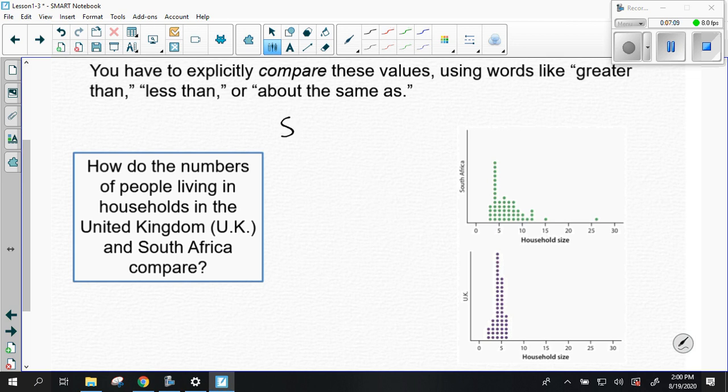it looks like the distribution for South Africa. I'm going to just put SA here, to save us a little time. Stats for South Africa appears to be skewed right.